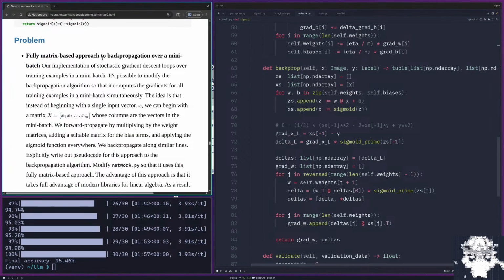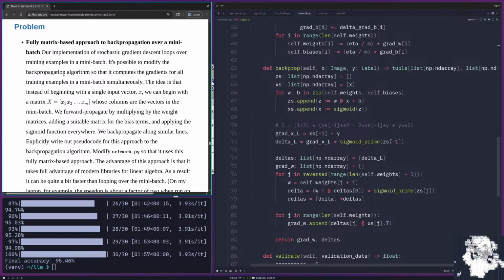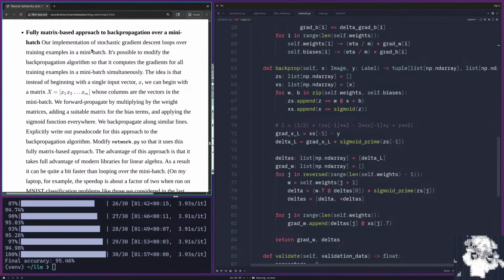Problem: a fully matrix-based approach to backpropagation over a mini-batch. Our implementation of stochastic gradient descent loops over training examples in a mini-batch. It's possible to modify the backpropagation algorithm so that it computes the gradients for all training examples in a mini-batch simultaneously.